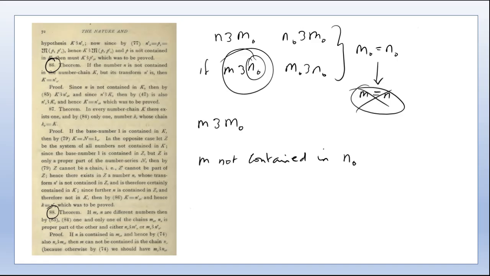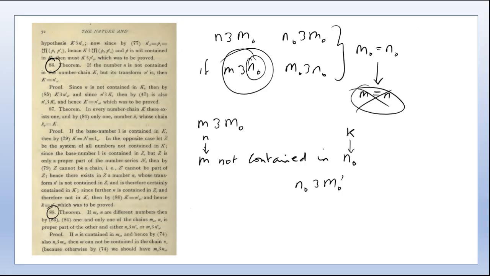So using the notation from 85, I've replaced K with n0, and I've replaced the n of theorem 85 with m. Then we get that n0 is a part of m0 primed. Okay, so that's from 85.